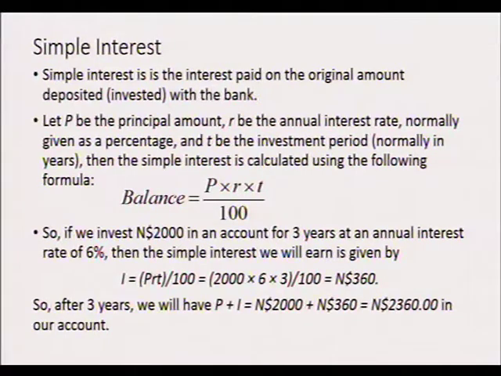So in 3 years, we would have earned 360 on top of our investment. That is simple interest. You work it out based on the original amount that you have invested. That's very straightforward.